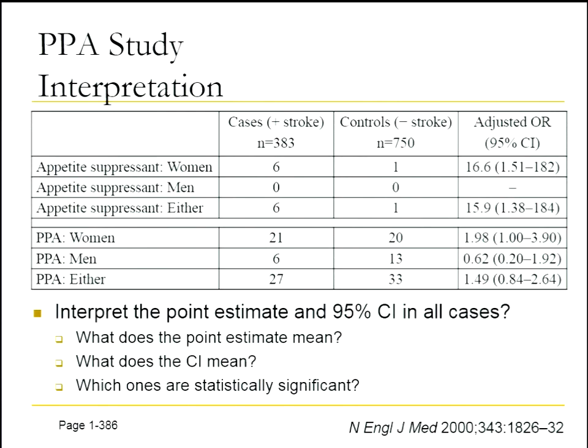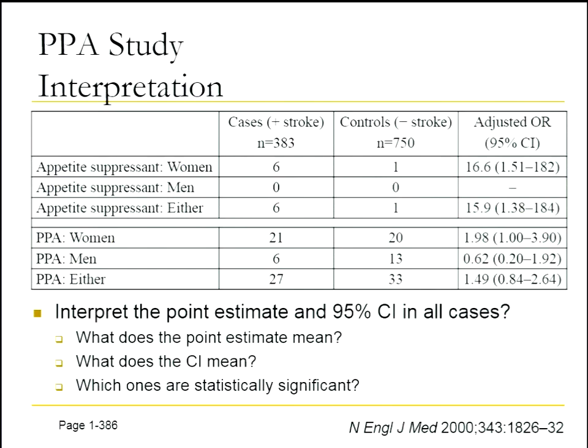Two, what does the confidence interval mean? This is a 95% confidence interval. And lastly, which of these are statistically significant? So this point estimate of 16.6 means a 16.6-fold increase in the risk of stroke in individuals who receive phenylpropanolamine.